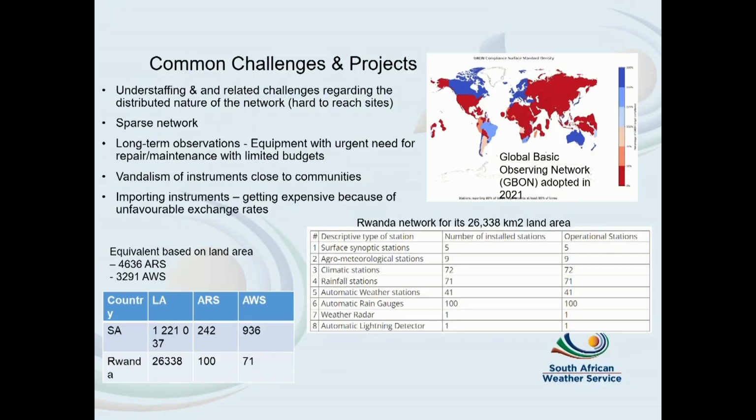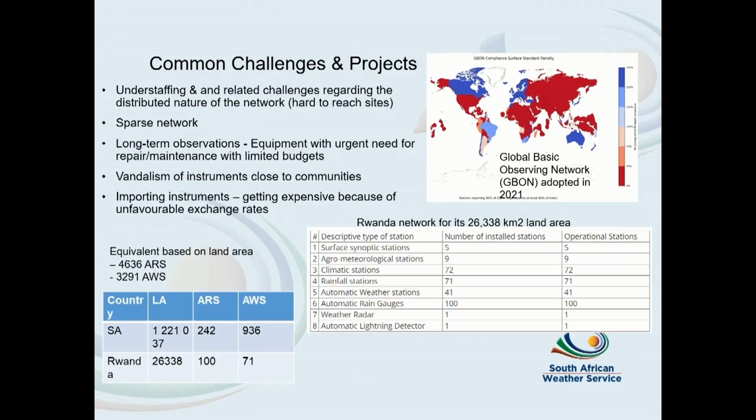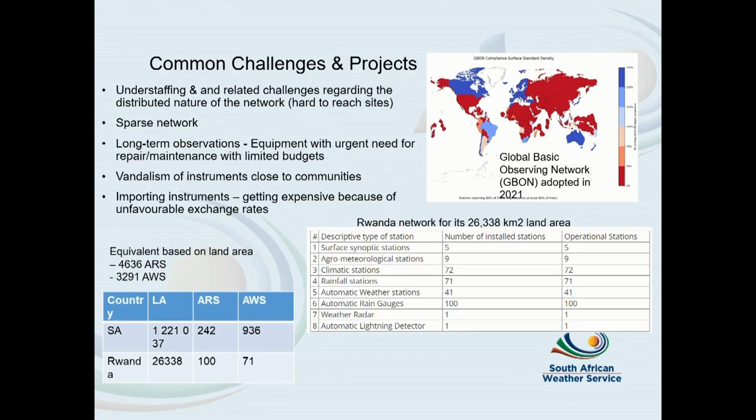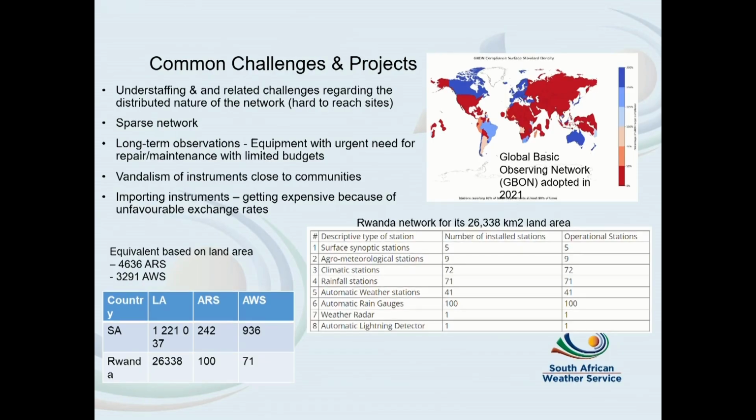So I've tried to compare the infrastructure of the ARS and AWS we have in South Africa compared to Rwanda. Rwanda has a land mass of just over 260,000 square kilometers. South Africa is more than 1.2 million square kilometers.